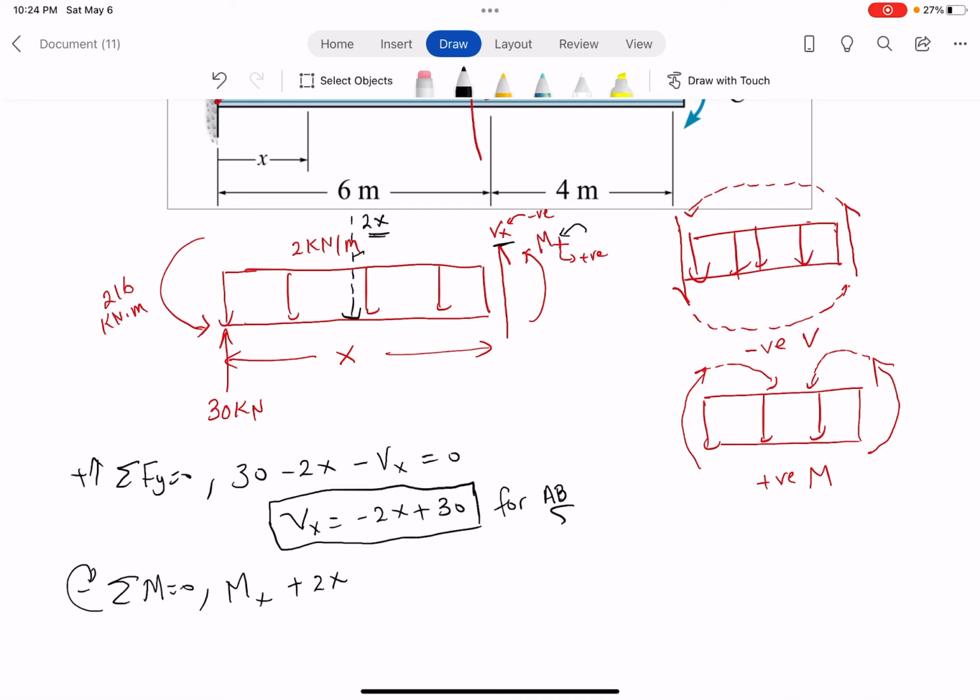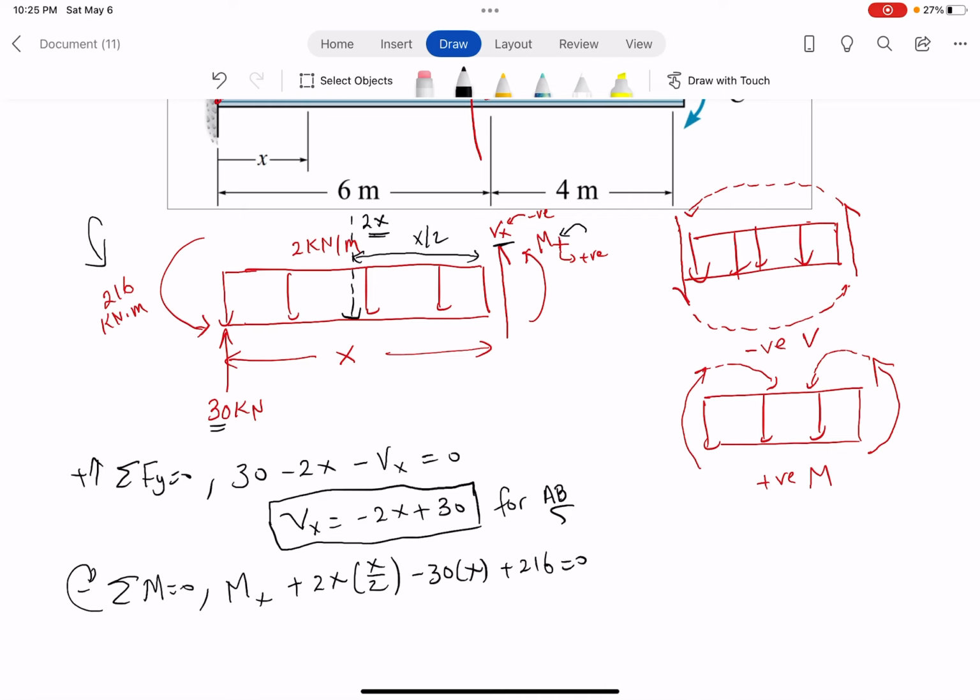And of course, the distance is x over 2. Okay, and then you have this force, and of course it's going to give you a negative moment times x, the whole x, plus this. You can see that this is counterclockwise, so it's a plus moment.